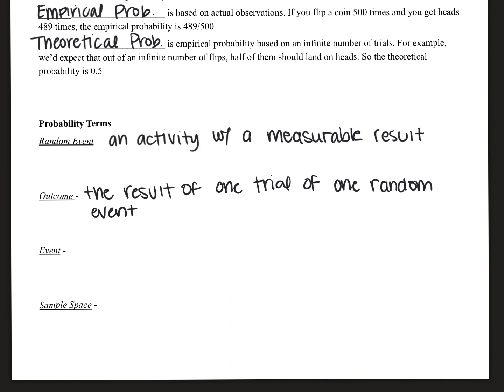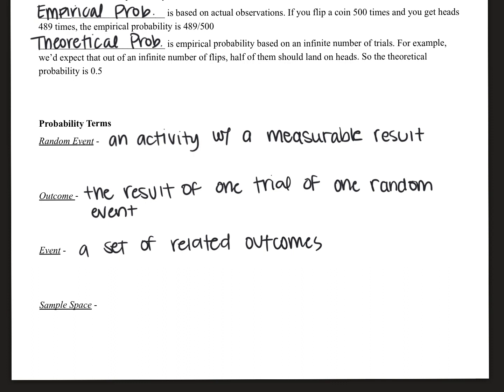An event is a set of related outcomes. So my event for that coin flipping is 489. All 489 flips would be my event. And then all of the flips that came out heads would be my event.